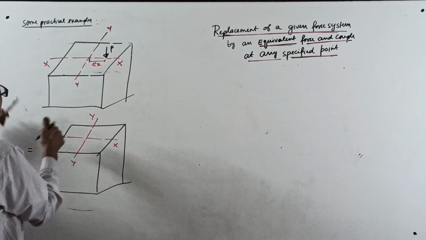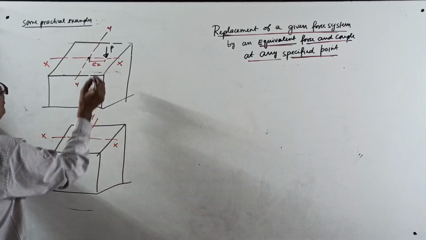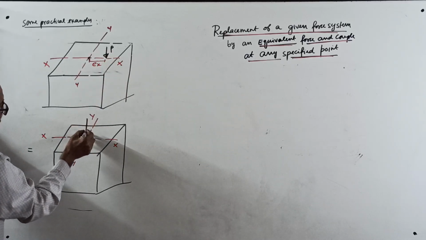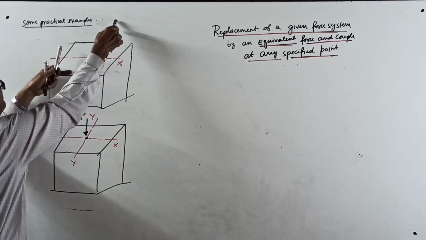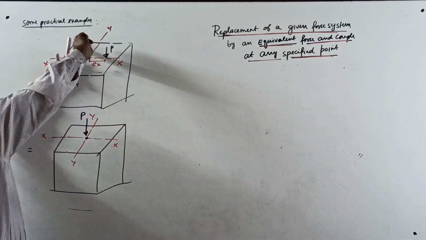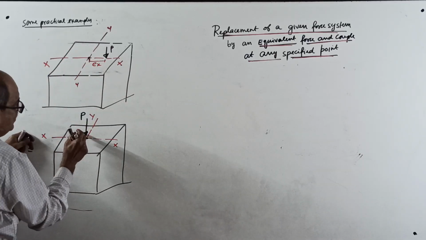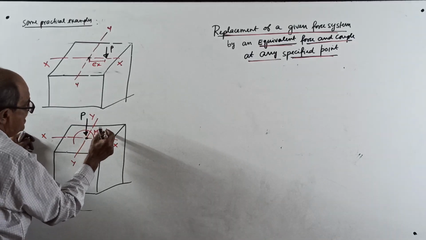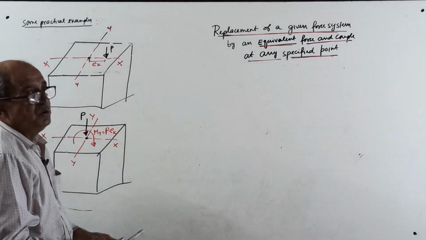This is the CG, the centroid of the cross section. So the force P, they will shift here directly, by an axial force P, and about the YY axis a moment of P into EX, which is called M about Y axis equal to P into EX. That's what they will do in RCC.